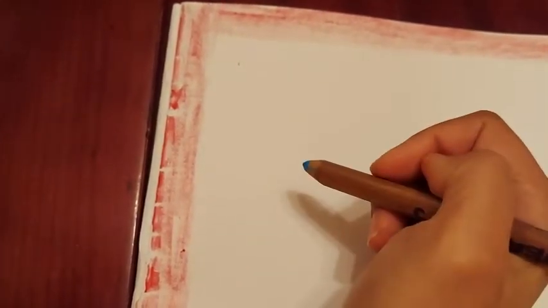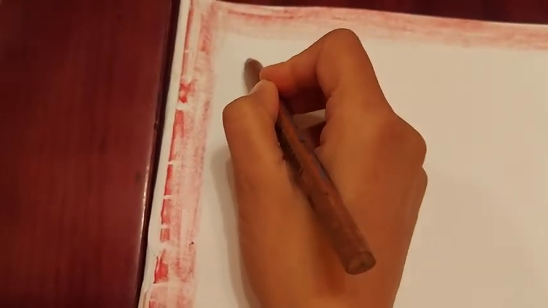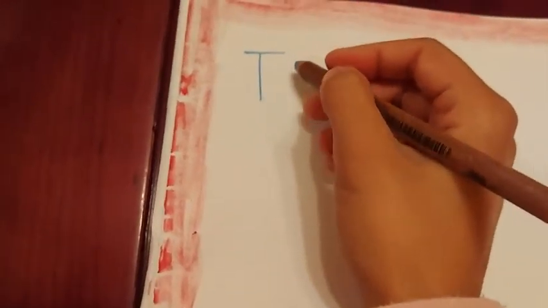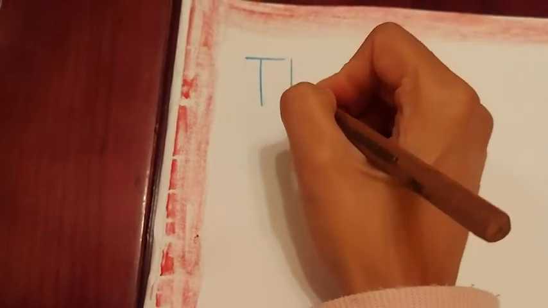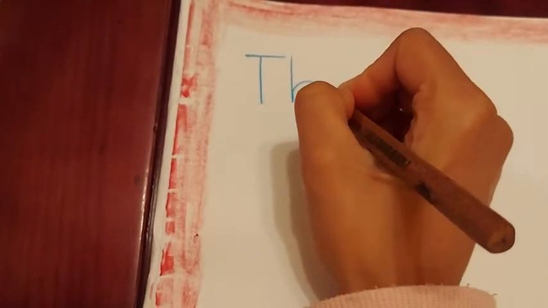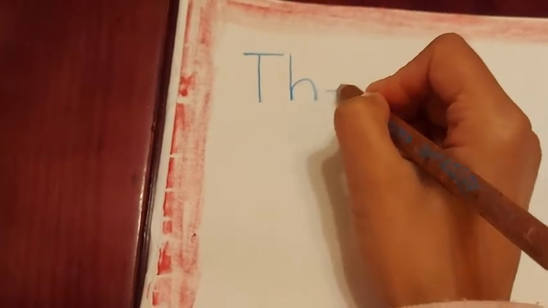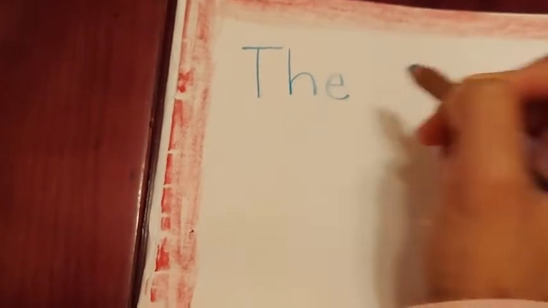And remember, we make our little dot. There you can see my dot. So I'm going to do my first letter, which is the letter T. My next letter is the letter H. And then my next one is the letter E. And that says the.